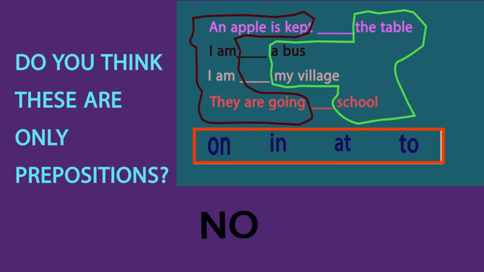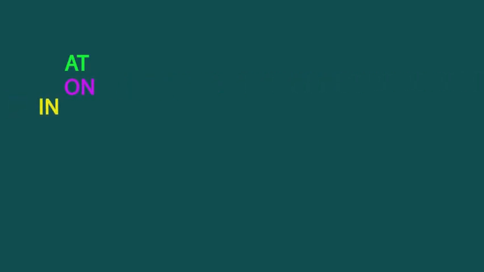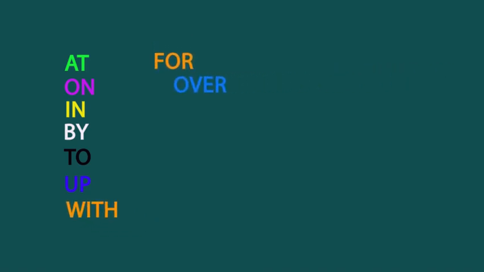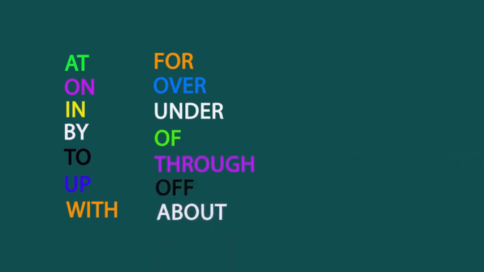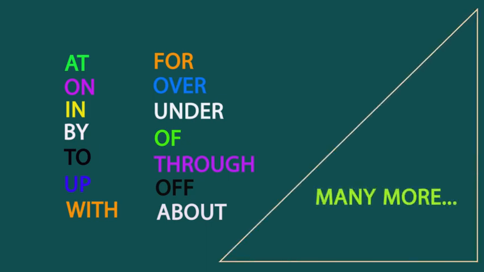But for better understanding, we are going to give some examples, like at, on, in, by, to, up, with, for, over, under, of, through, about, and many more. And we will discuss all the main prepositions in our upcoming sessions.